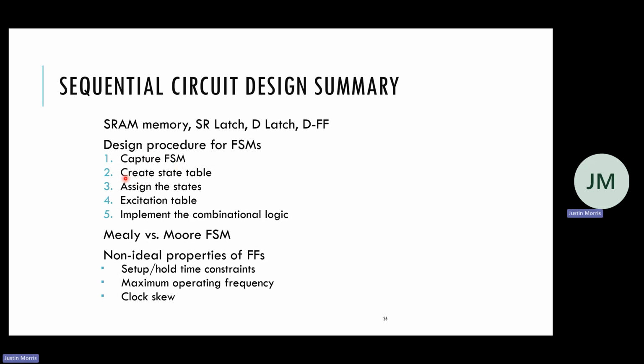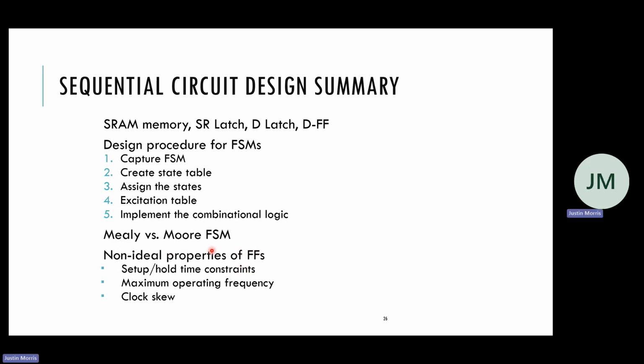And then once you have the diagram, you create the state table, assign the states their binary encodings, create the excitation table, and then implement the combinational logic circuits for calculating what is my output and also calculating what are my next state bits. And then we have the Mealy versus Moore, right? Does my output depend on input or not?